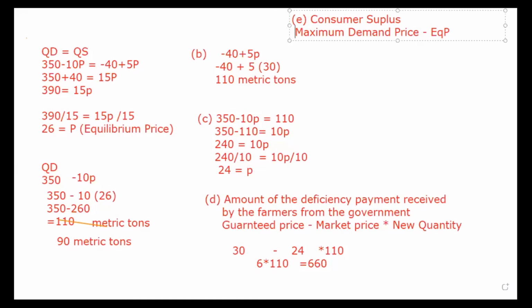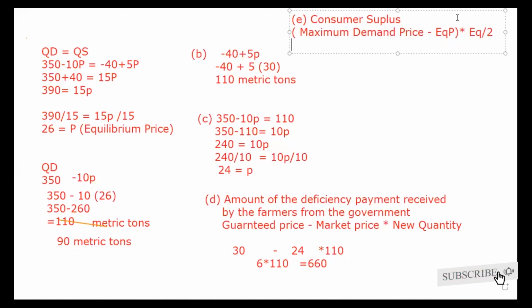So I'll write here in the brackets. Then you have equilibrium quantity divided by 2. This is how the formula comes. Now, how do you find my maximum demand price? The question mark. How to find? So you need to find the maximum demand price, right, guys?